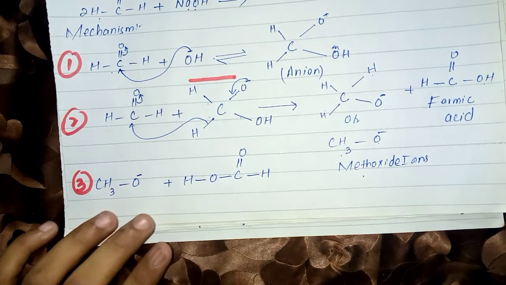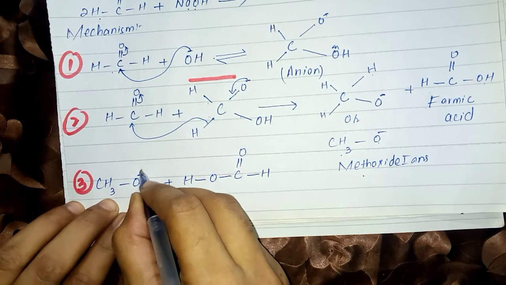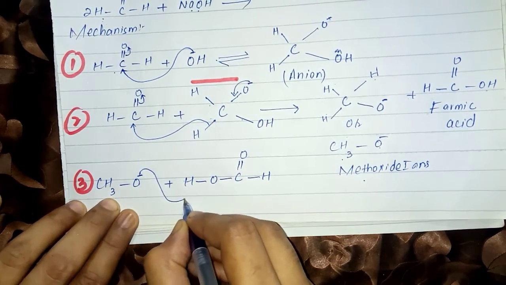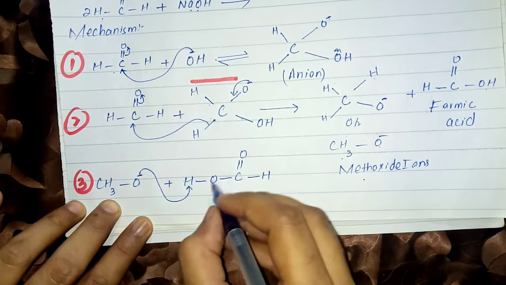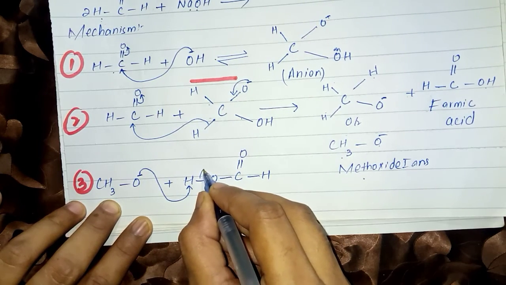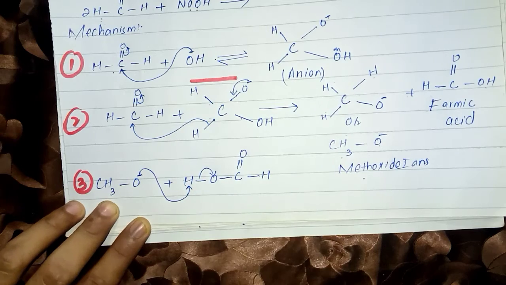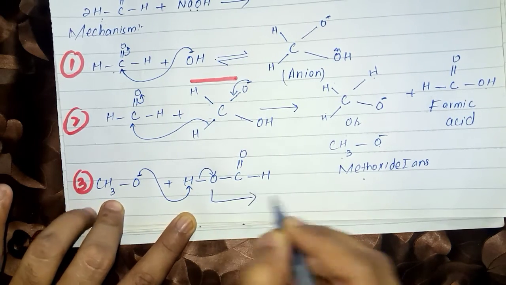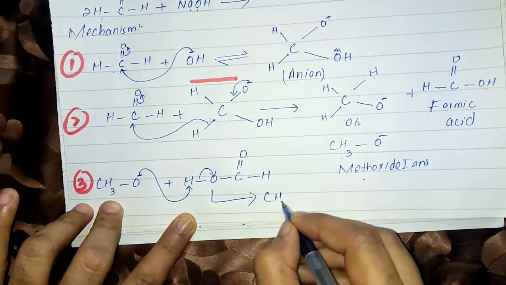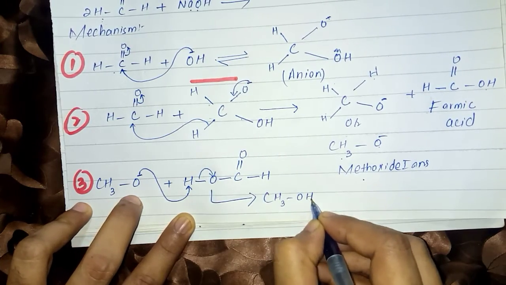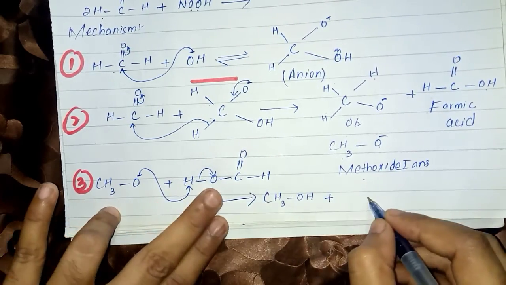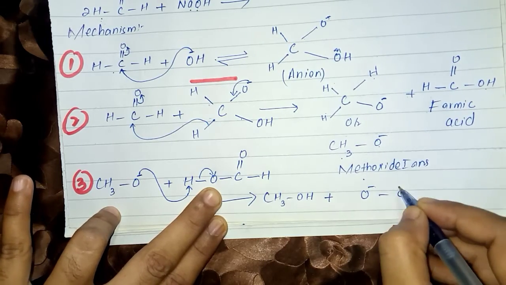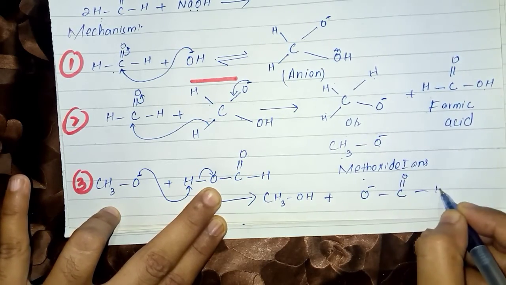Got it? So what will happen here? This negative ion will accept the proton, and the bond will be shifted from here to here. So the final product is CH3OH plus O negative, carbonyl and hydrogen.